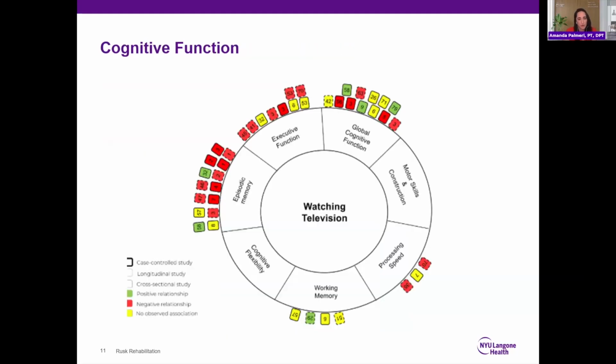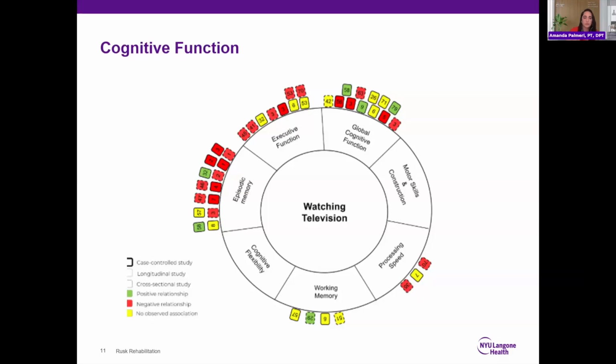I did find something rather interesting, not my area of expertise, but in looking at journal articles showing what kind of activity happens in the brain, what kind of cognitive functioning is happening when we are doing something like watching TV.